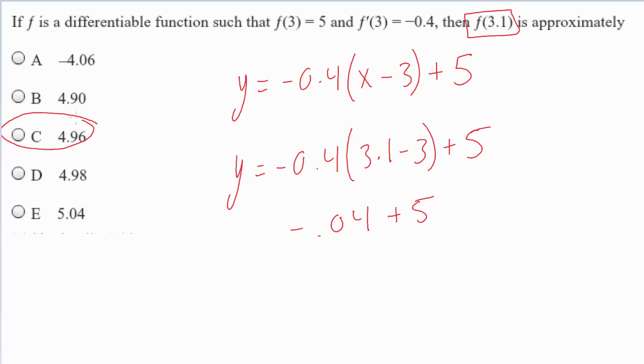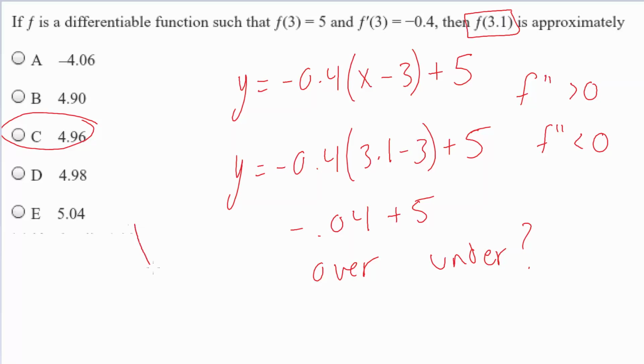The next question, sometimes either in a free response or maybe even in multiple choice, would be, is it an over or an under approximation? And we couldn't tell on this because we don't know what the function was and we don't know the value of the second derivative. But we would look at the value of the second derivative and say, is it greater than 0? Is it less than 0?